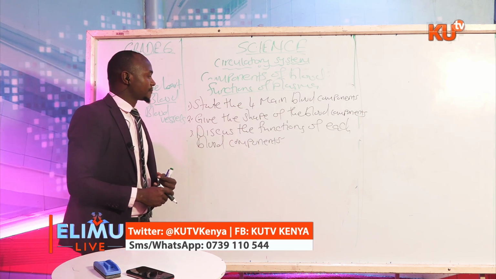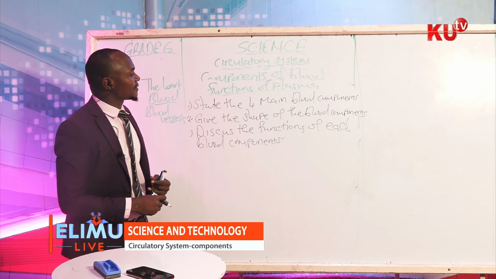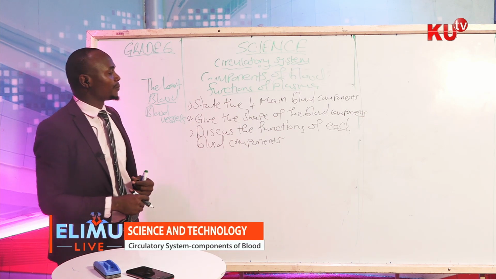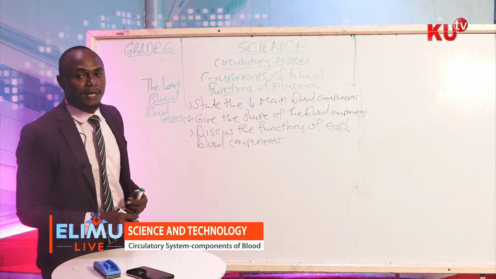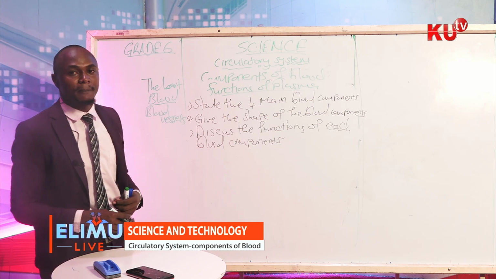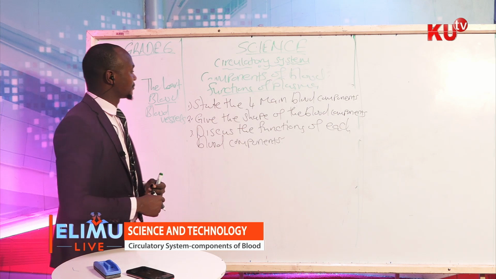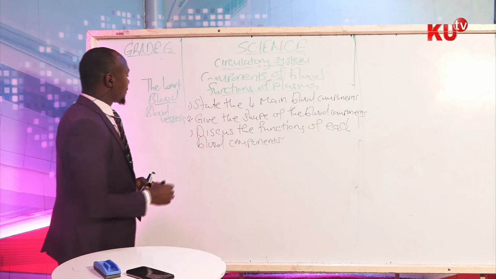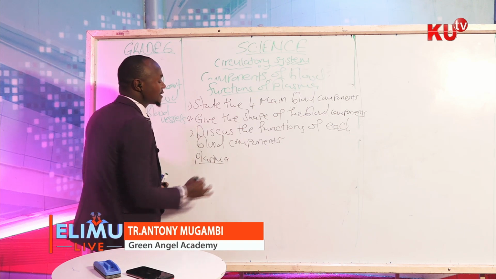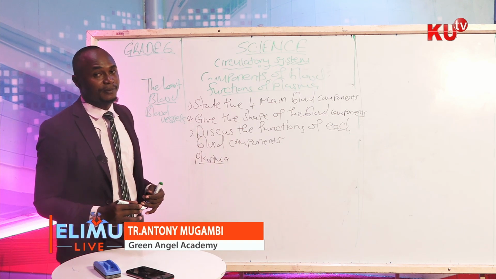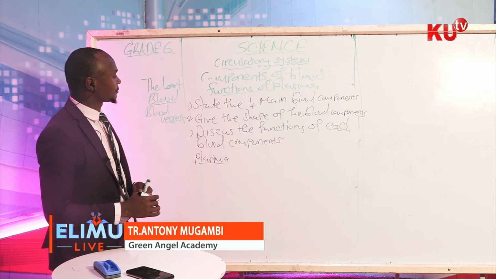Learners, question number 2 was supposed to give the shape of the blood components. Let me see what you have drawn. Good. The first blood component, that is the plasma, we have seen it doesn't have a shape because it is the liquid part of the blood.